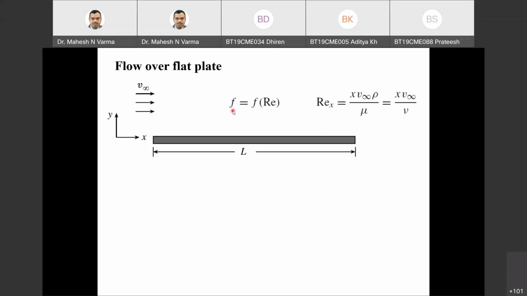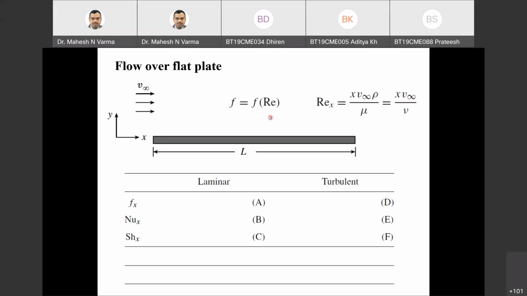They tried to correlate this friction factor with Reynolds number, observed the variation of friction factor with Reynolds number, and tried to put it in an equation. For laminar flow and turbulent flow they have different equations. For laminar flow, this is the equation they have observed. In fact they could get a local value for laminar flow, with some measurement: 0.664 Reynolds number raised to half, the local value of Reynolds number.